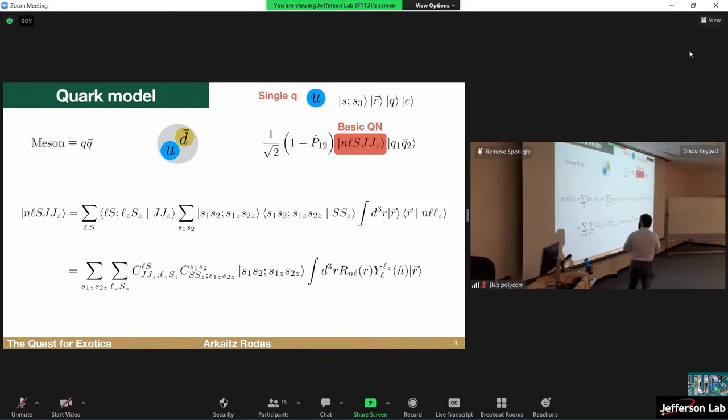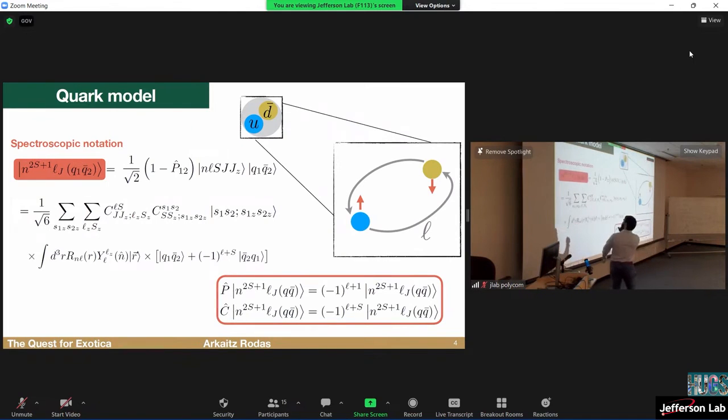The idea is that these basic quantum numbers, if I was to write in this horrible formula, I only care that you realize it's going to have some Clebsch-Gordan coefficients, we saw the tables before, that are going to tell us how we build the total spin and angular momentum of the hadron by using the quarks. So the ones that we got from the table before, and then some wave function for the spatial component.